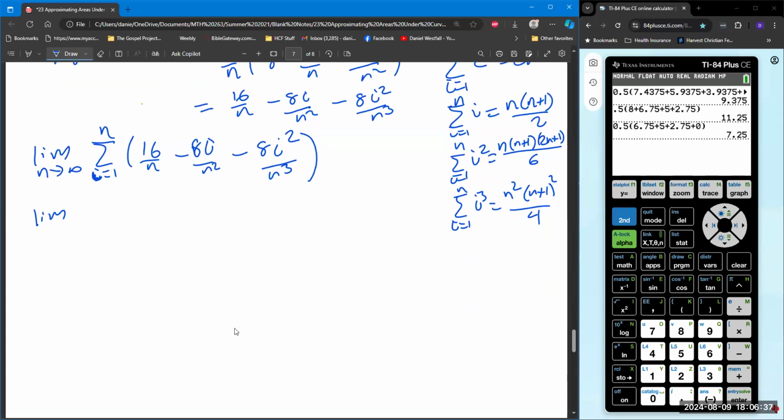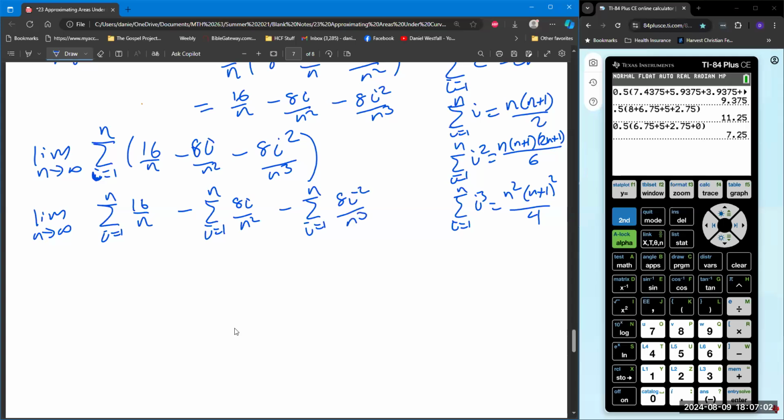So this is the limit as n goes to infinity of the sum of i equals 1 to n of 16 over n, minus the sum of i equals 1 to n of 8i over n squared, minus the sum of i equals 1 to n of 8i squared over n cubed.